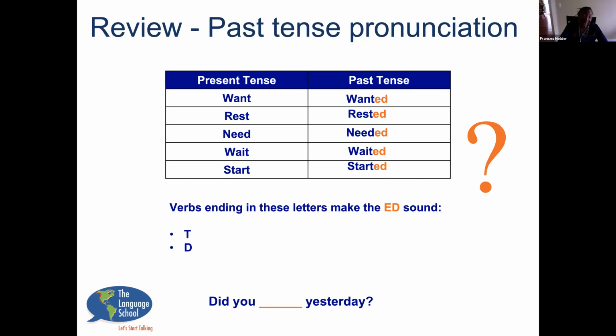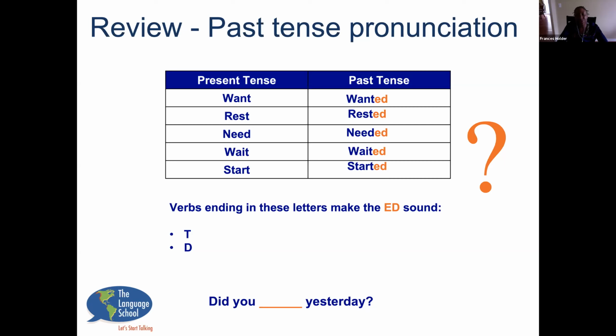We always need help with our homework. Did you wait long for class yesterday? Or let's say, did you wait for the bus yesterday? No, I didn't wait for the bus yesterday. Good, well done.